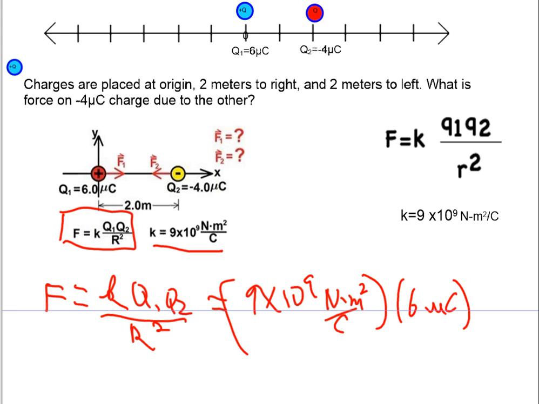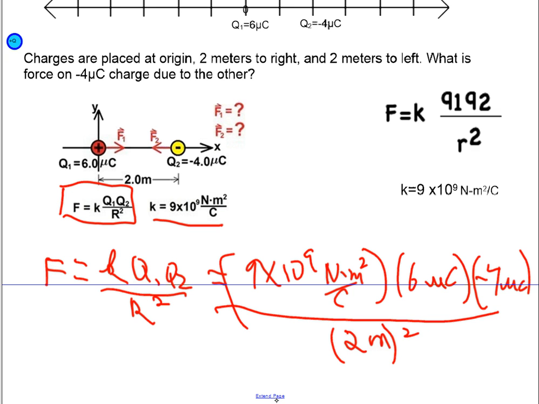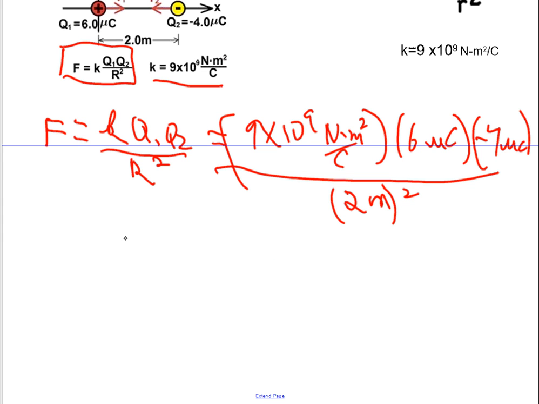Keep in mind that a microcoulomb is times 10 to the minus 6, multiplied by minus 4 microcoulombs, divided by the distance between them, which is 2 meters squared. And if you do the calculation, you will get 0.054 newtons.